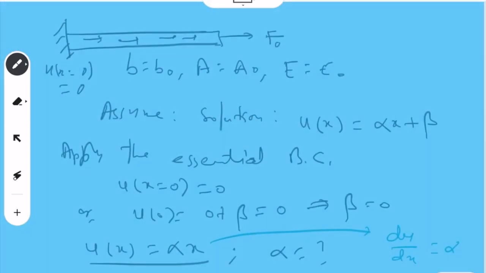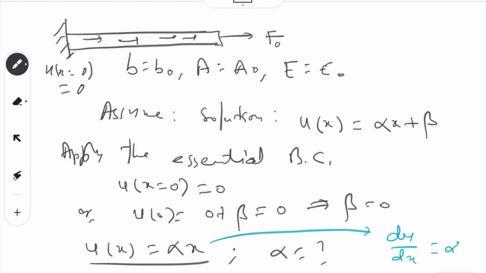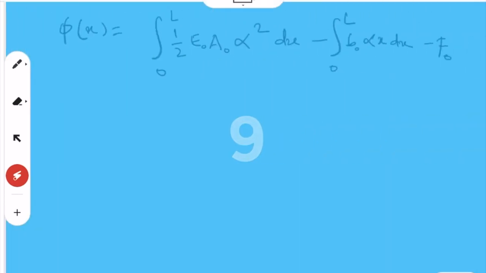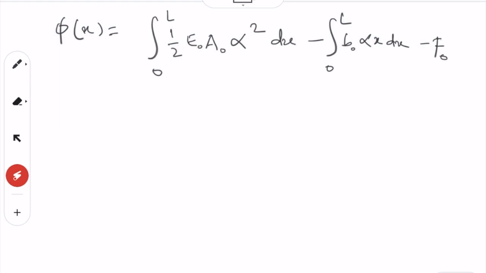So if u of x equal to alpha x, then u at L equal to alpha times L. Hence we will simply have f naught multiplied by alpha L. So this is what our potential energy is.